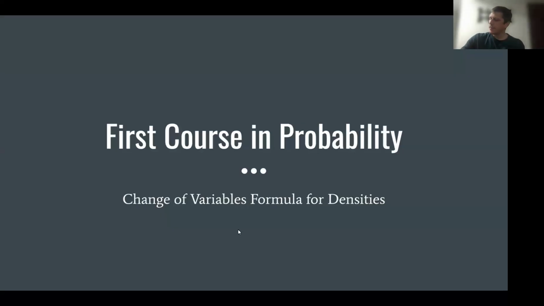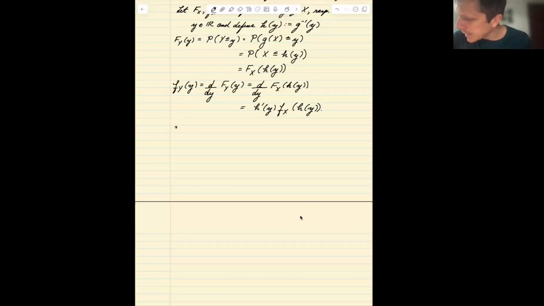Right, so now what I want to do is record a general formula for changing variables called the change of variable formula for densities. We actually already saw a special case of this in the previous lecture, where we talked about how we could compute the density of a transformation when the transformation was a strictly increasing, continuously differentiable function.